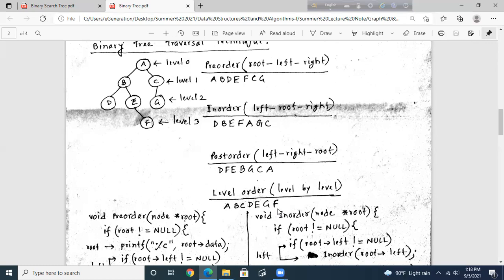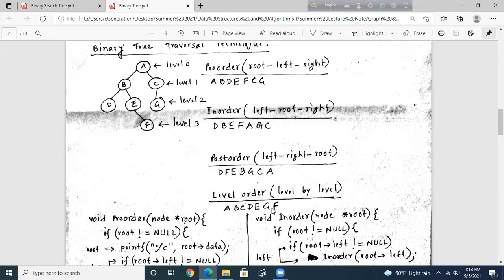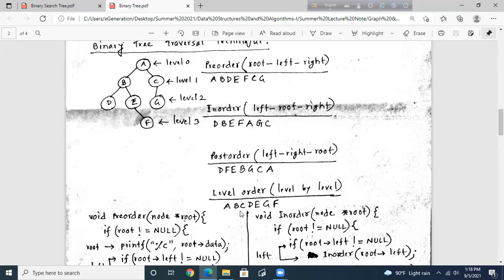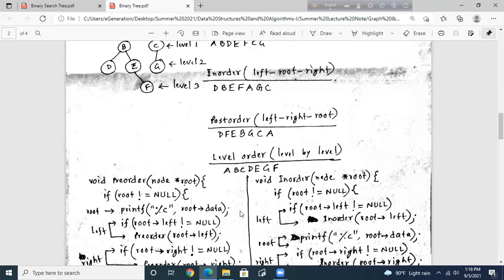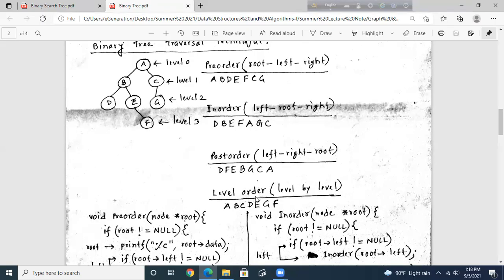Dear student, is level order clear? I hope it is okay.